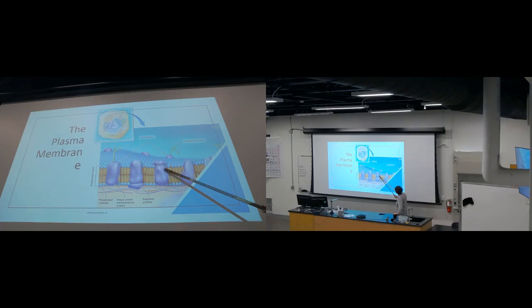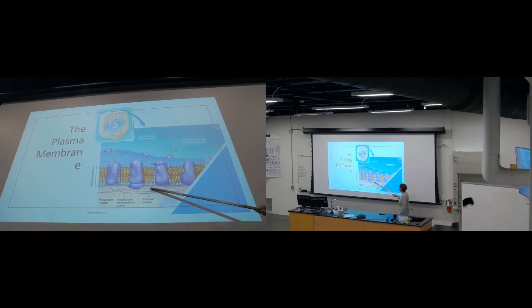And then you have these proteins that are integral proteins or transmembrane. And then the ones that attach to these transmembrane proteins, either on the outside or the inside of the cells, these will be peripheral proteins. These peripheral proteins can attach or anchor these transmembrane proteins into the cytoskeleton.